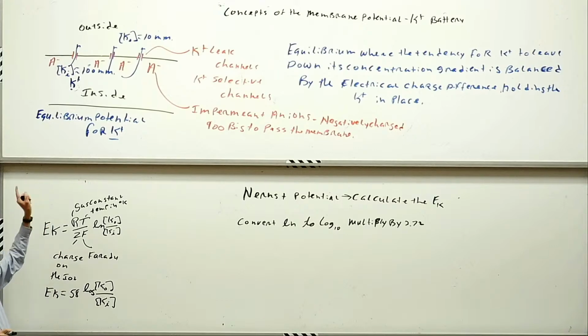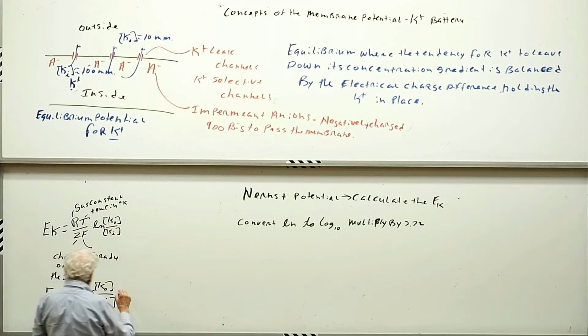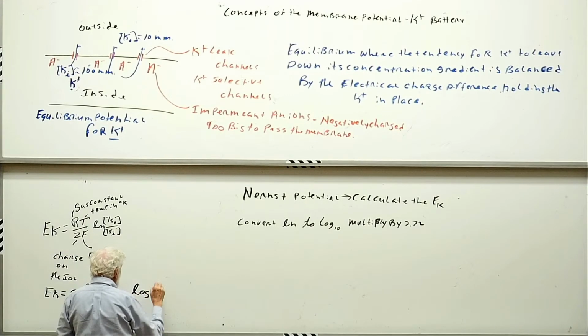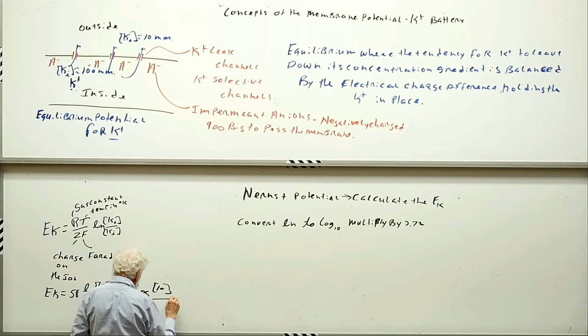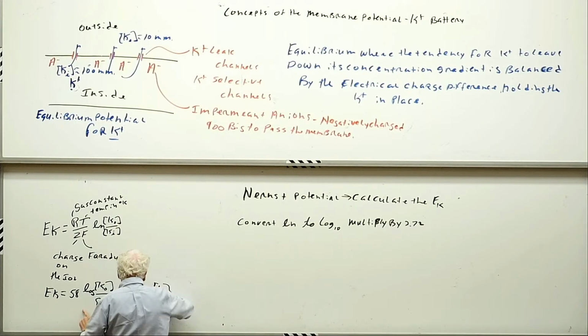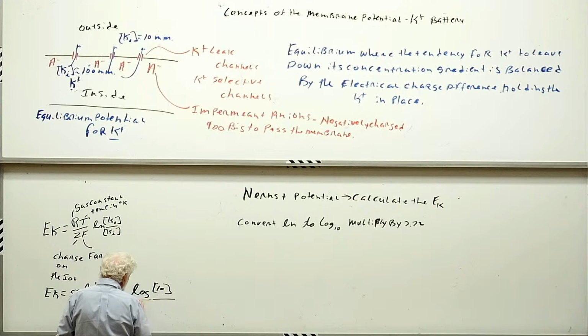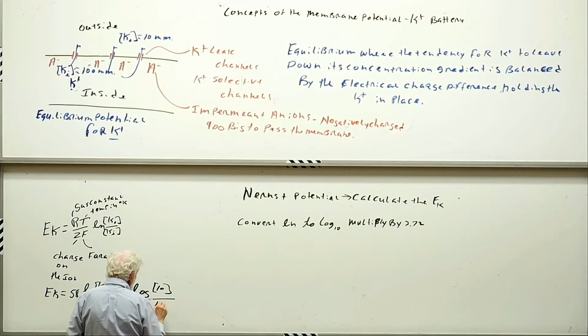Well, there's a reason I set those two numbers up there as 10 and 100. Because what I want to say now is that we're going to look at the log of potassium concentration on the outside, which we said was 10 millimolar. It's the log of the whole unit. Log of 10 divided by 100.